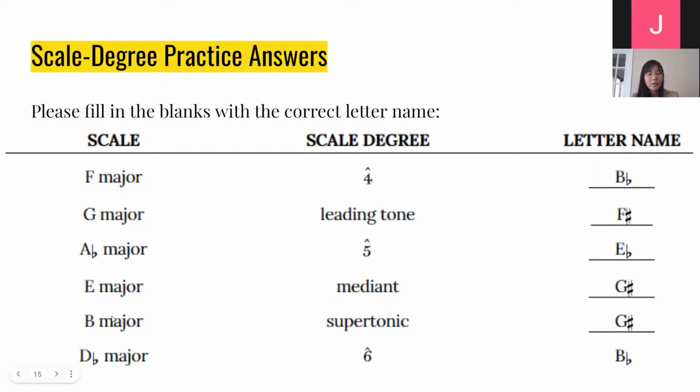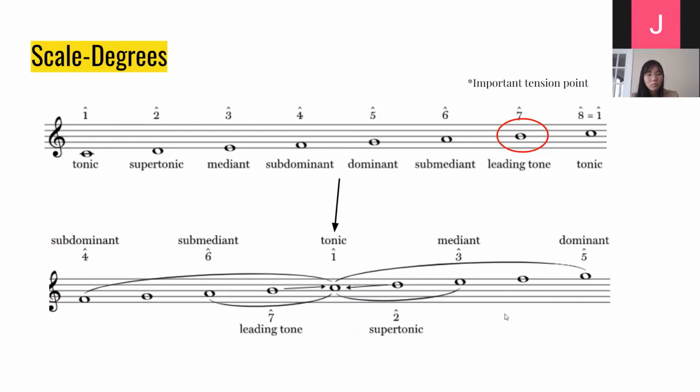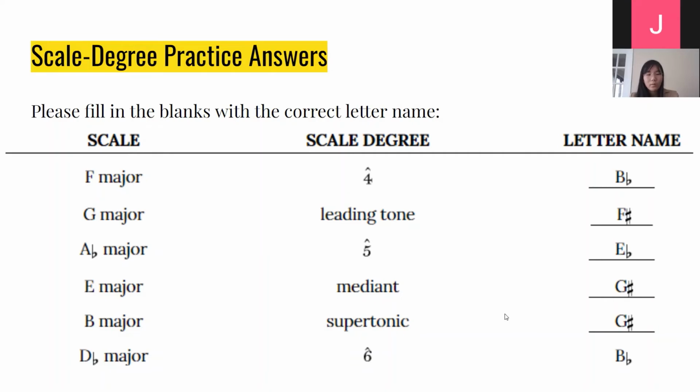B major has 5 sharps. And the supertonic is the 2nd scale degree. I think it's supposed to say C sharp.